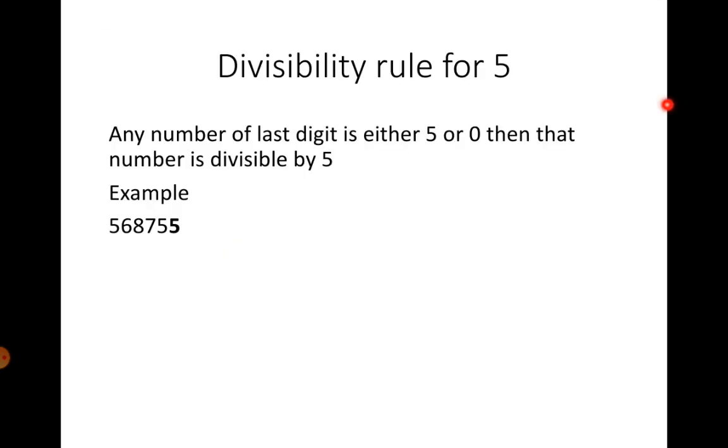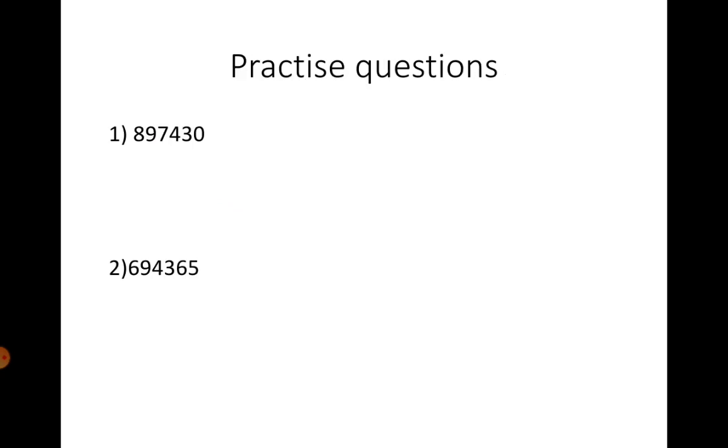And divisibility rule for 5. Any number whose last digit is either 5 or 0, that number is divisible by 5. For example, 5,68,755. The last digit is 5, so this whole number is divisible by 5.